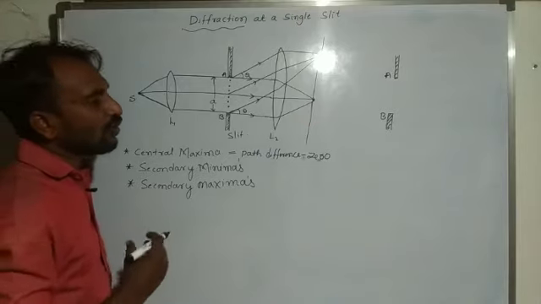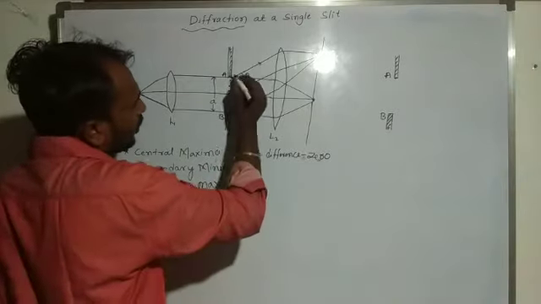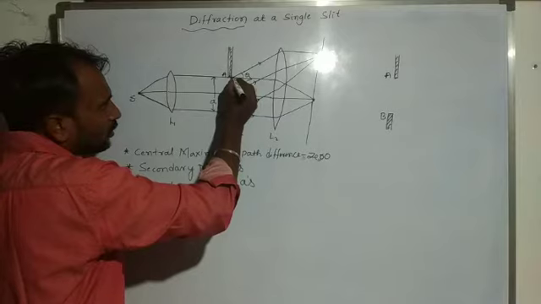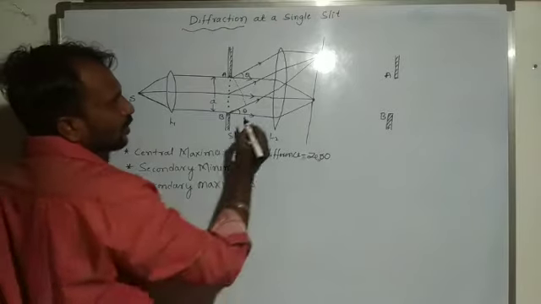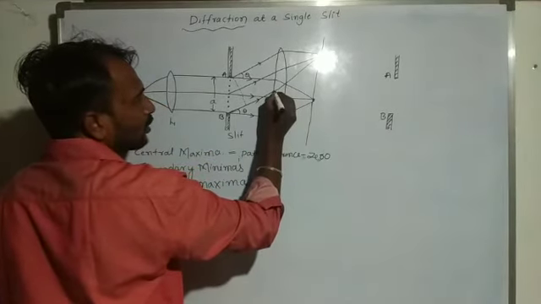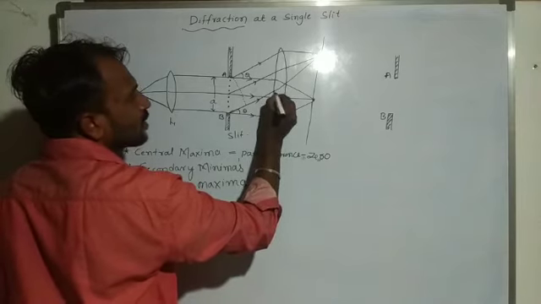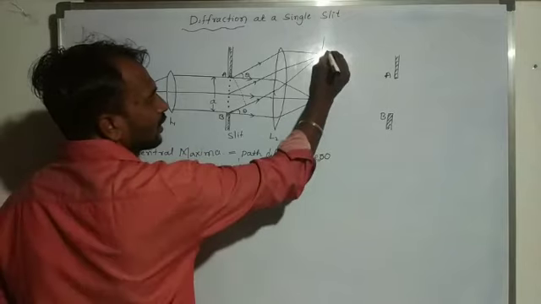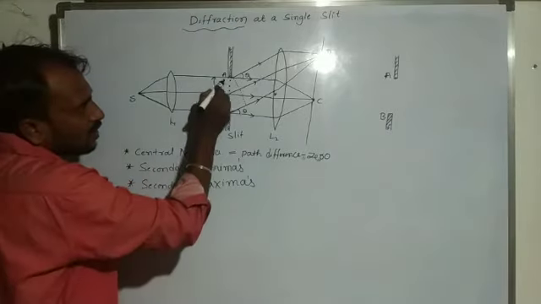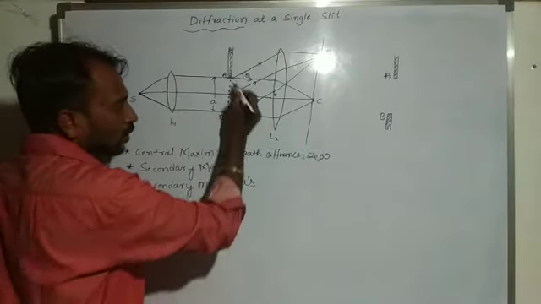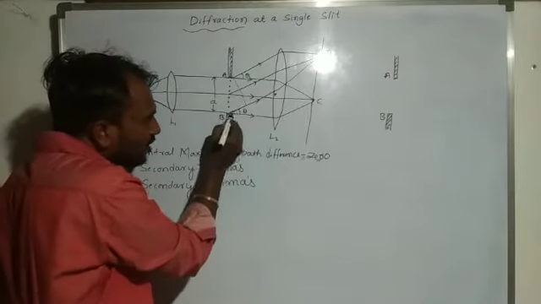Here we want to find out the path difference. If you draw a perpendicular line, this one is the perpendicular line. Suppose this point is C, this one is P, and this point is X. This perpendicular line is drawn to PX. So this one is the path difference.